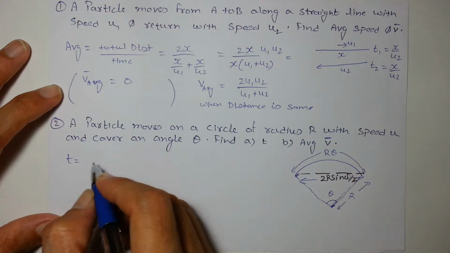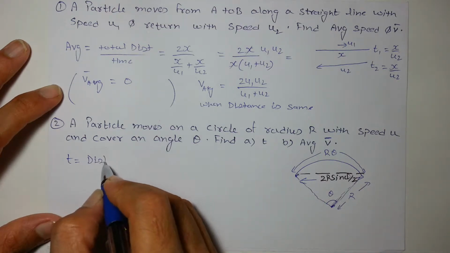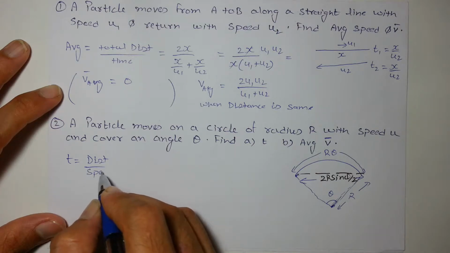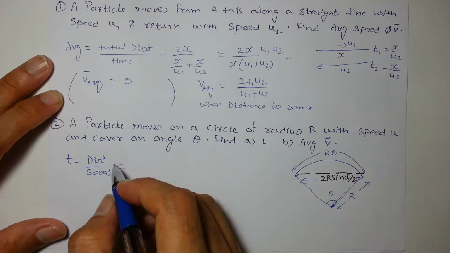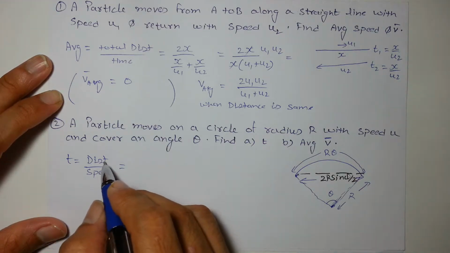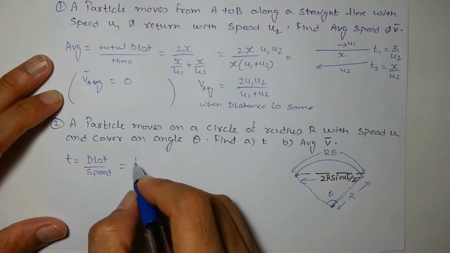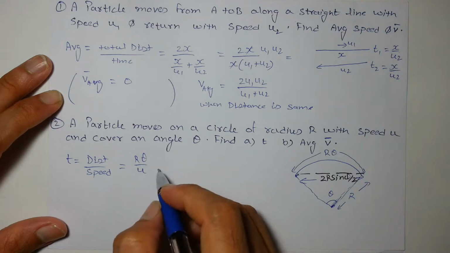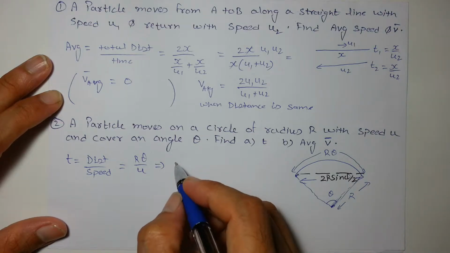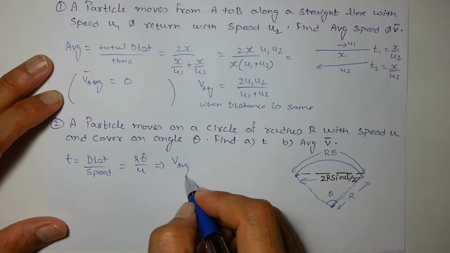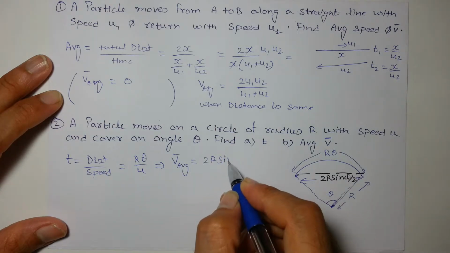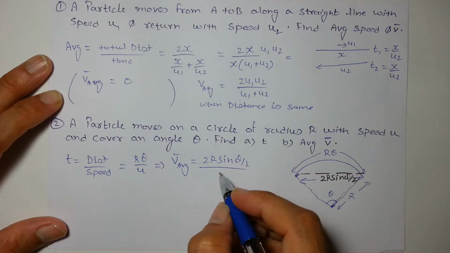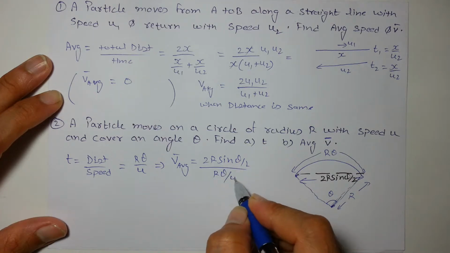Time taken is distance by speed. Because we don't know the velocity, we cannot use displacement by velocity. We know distance and we know speed, so time taken is r theta by u. Hence, average velocity is displacement 2r sine of theta by 2 divided by r theta by u.